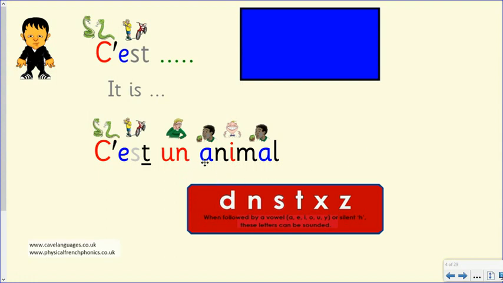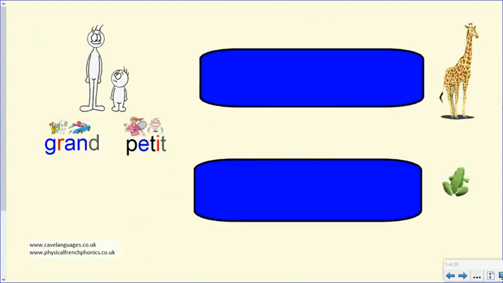I'm going to sound that N before the A because it makes it easy to say, and I'm going to sound the T before the vowel U because it makes it easy to say. Rather than going c'est un animal, which is quite hard and very jumpy, to make the language flow, you're going to say c'est un animal. You try that. It's an animal.